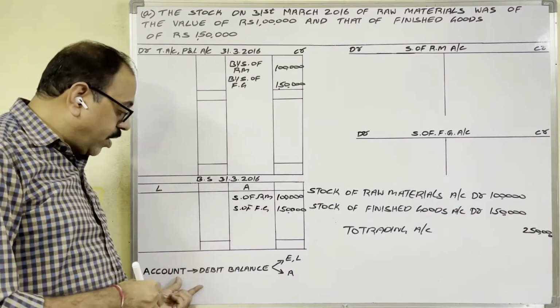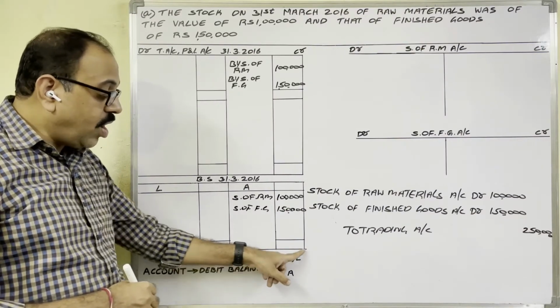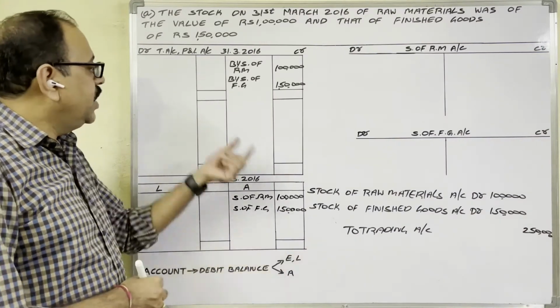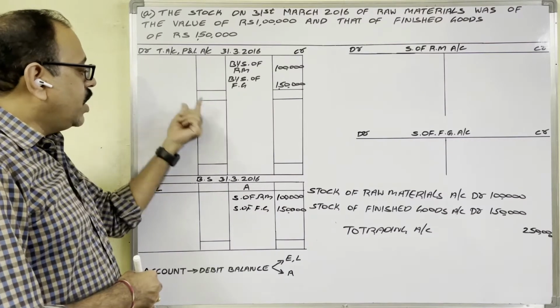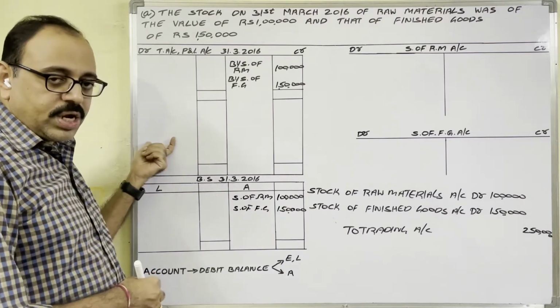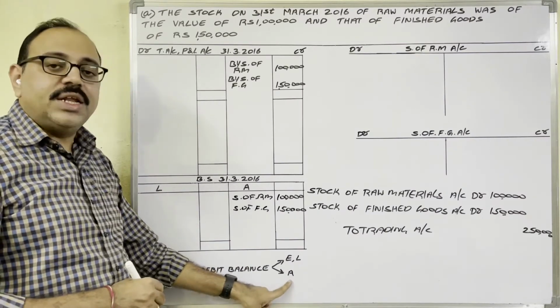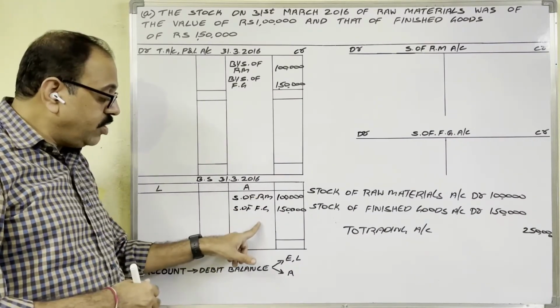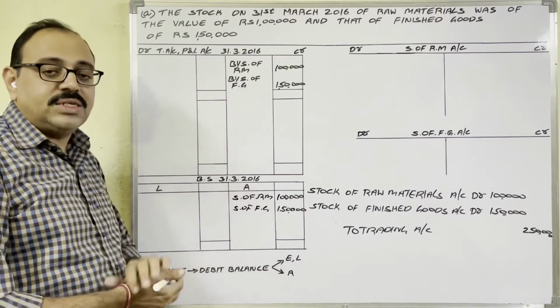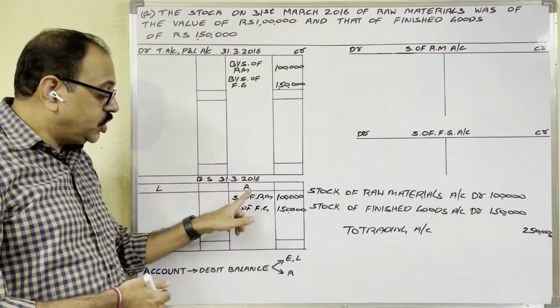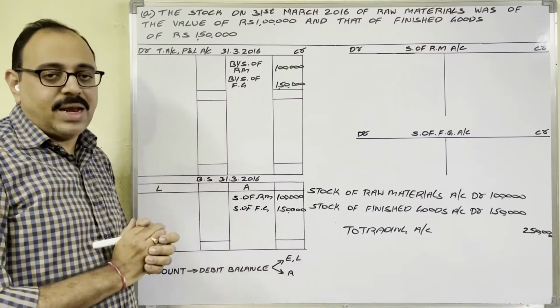We can show that account as an expenditure or loss, meaning in the trading account debit side or P&L account debit side. Otherwise, we can show that account as an asset in the balance sheet. So these two values I want to show in the balance sheet under the asset side. Therefore, these two accounts should show a debit balance.